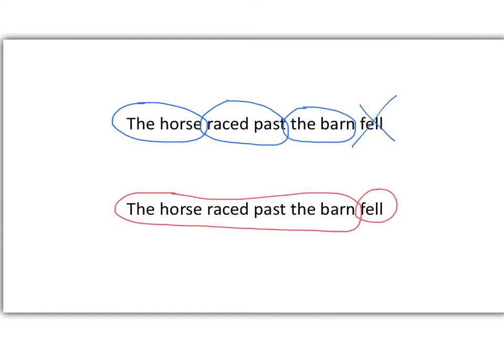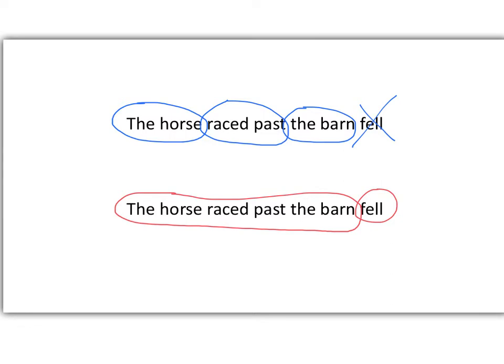Now, adding the word that would probably be standard if you were actually saying this sentence, but the fact is the horse raced past the barn is a particular horse. It's that horse over there. Just like the horse which is brown, or the horse Ed, meaning the horse named Ed, fell. All of those sentences would be correct.